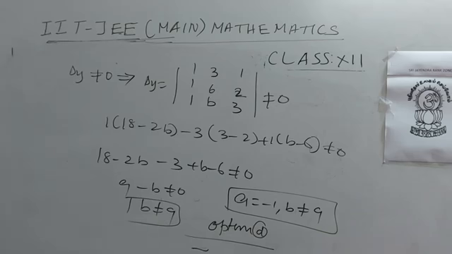We have seen 51 sums so far. So with this we can stop this chapter. Next class we will start a new chapter, complex numbers.